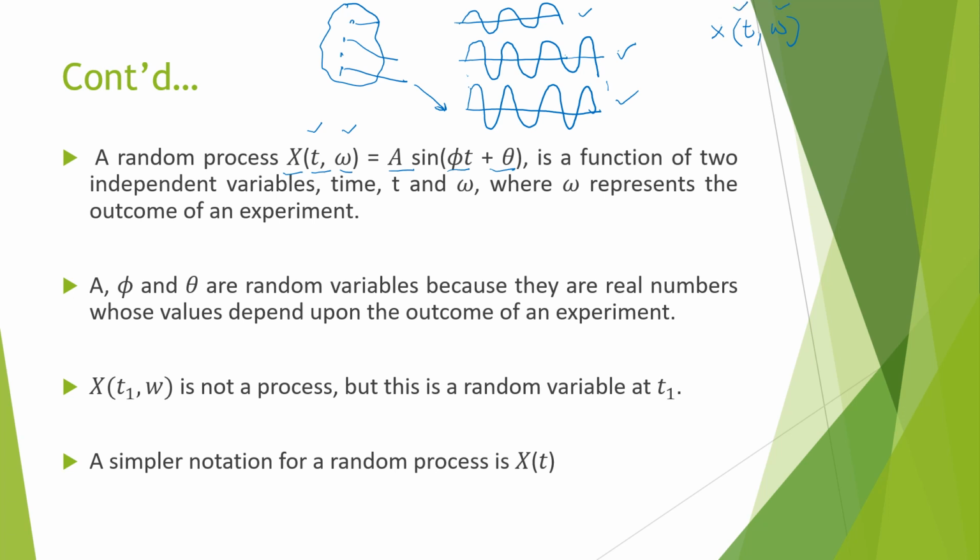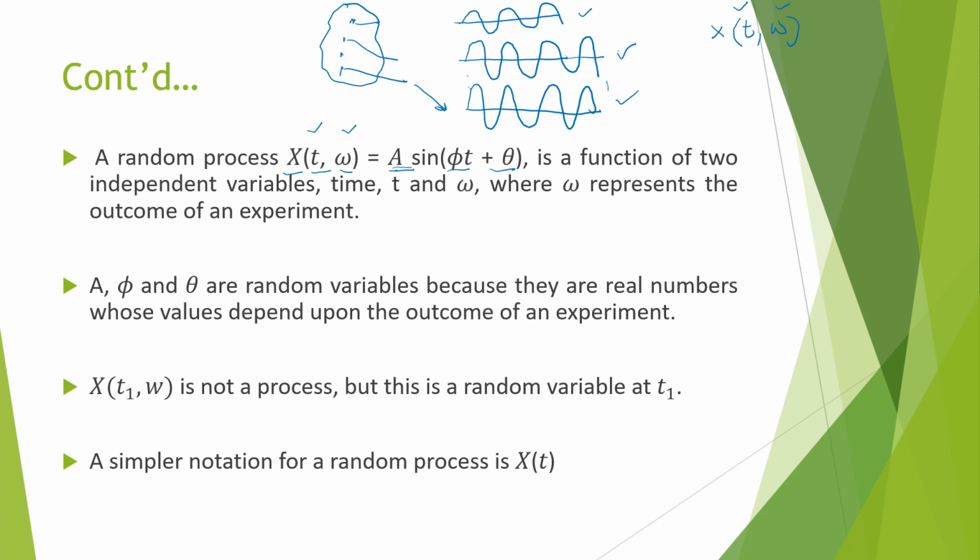Here each outcome is a harmonic oscillator, and each harmonic oscillator generates a waveform like this, which is a time signal. If that waveform is given by A sin(πt + θ), then the amplitude and the phase of the waveform are random variables. Those depend on the outcome.